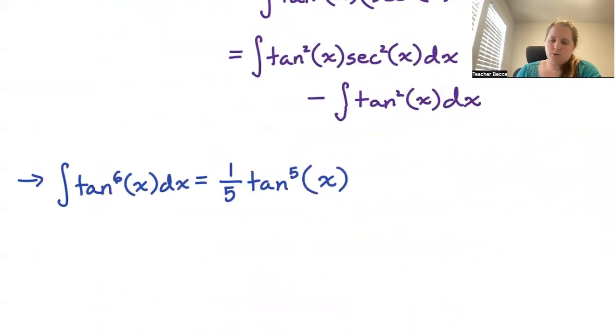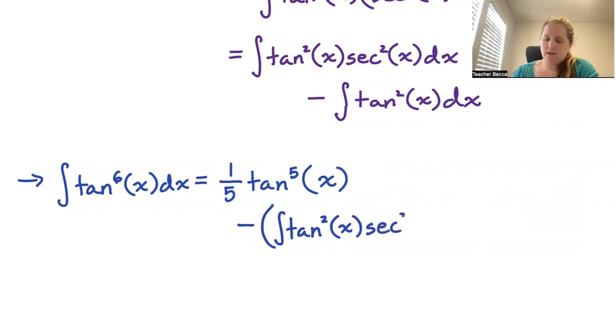So we are going to subtract off, now integral of tangent to the 4th of x became the integral of tangent squared of x, secant squared of x dx, minus the integral of tangent squared of x dx.